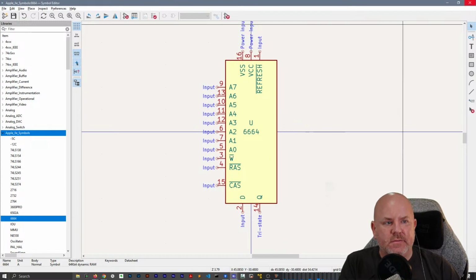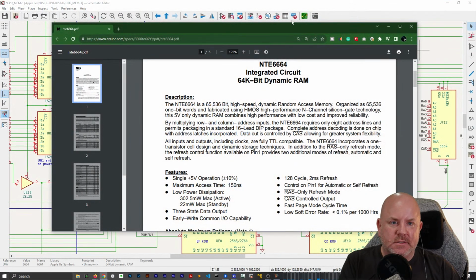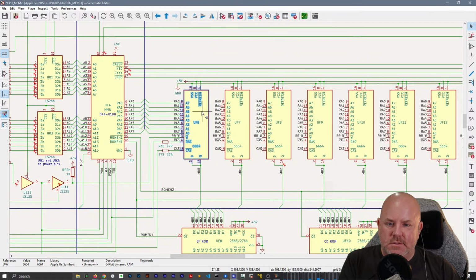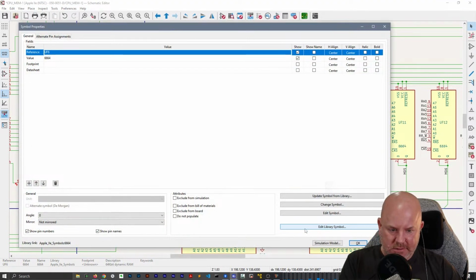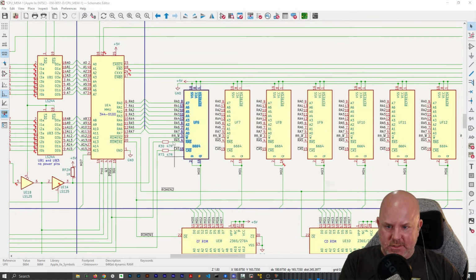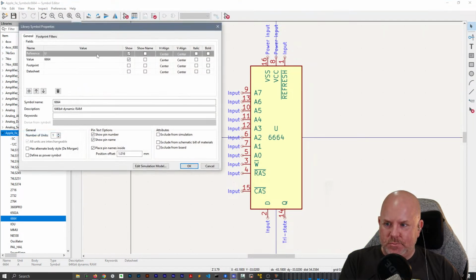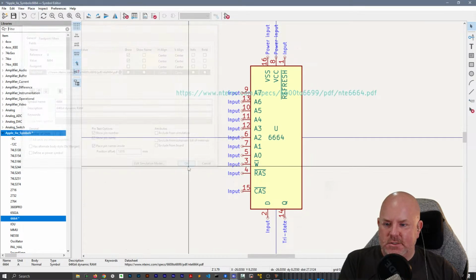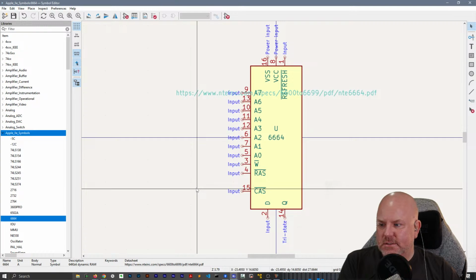Hooray. So let's save that. Exit this. You know what I'm going to do too, not that the NTE datasheet is the best option for this, but let's go ahead and define this one as that, just so that we have it.